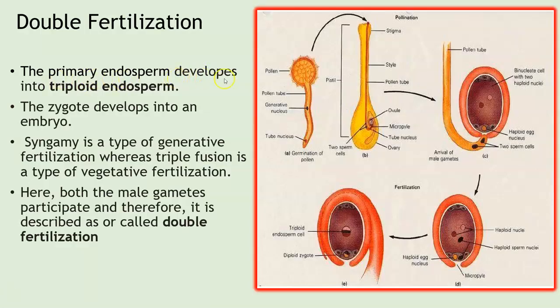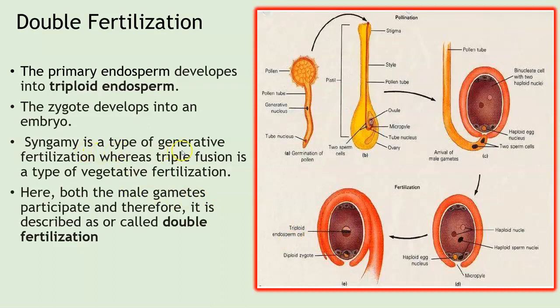Students, the primary endosperm develops into a triploid endosperm, and the zygote develops into the embryo. You can have a look at this image here. After the two male gametes are released, one of them fuses with the egg and forms a diploid zygote, and the second male gamete fuses with the two polar nuclei and forms the triple fusion endosperm cell.